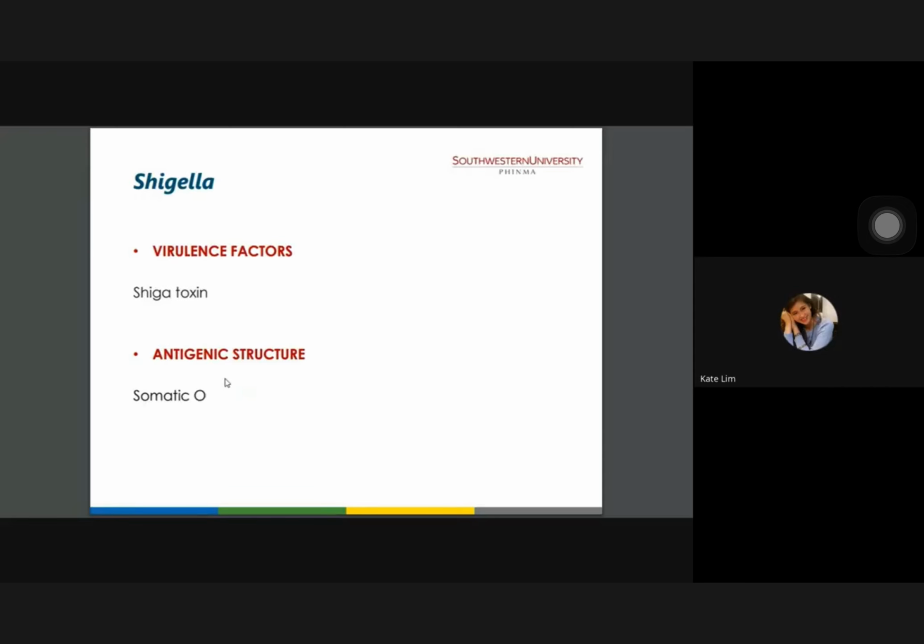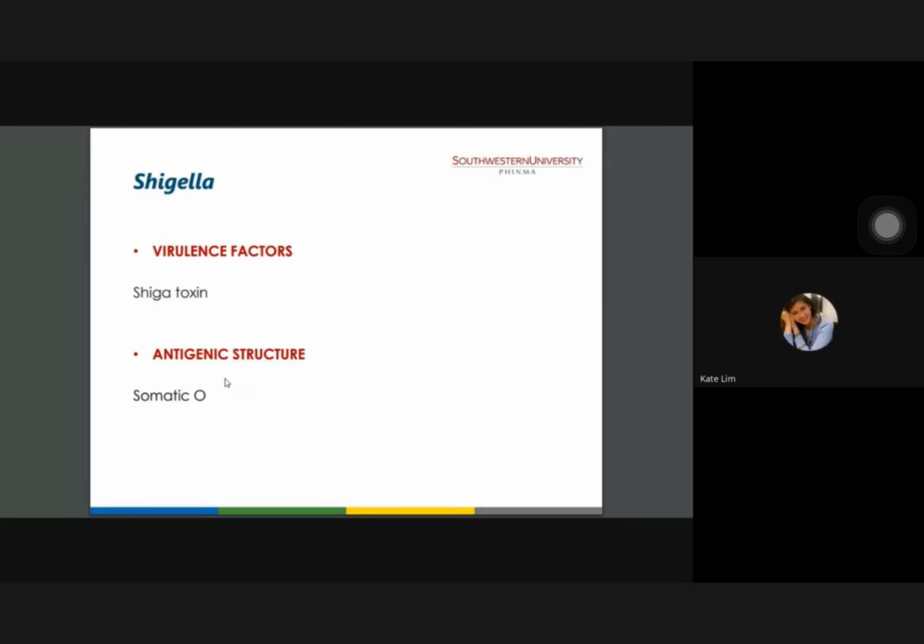Aside from dysentery, patients suffering from shigellosis may experience abdominal pain or abdominal cramps. Other than this, the toxin also disrupts cellular function. That is why this is the most important factor in the severity of Shigella infections. So that is the Shiga toxin.